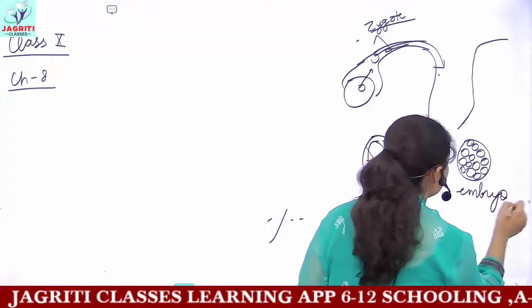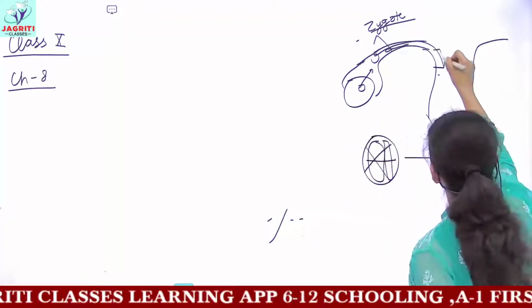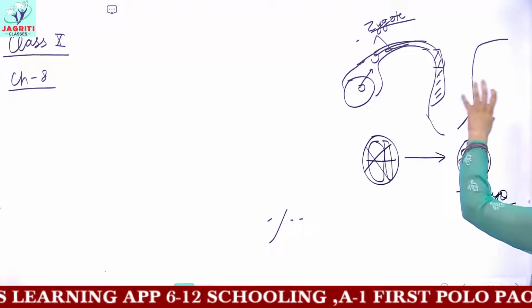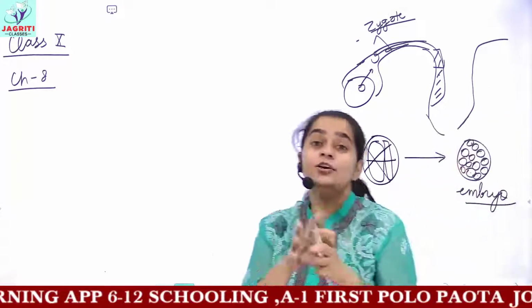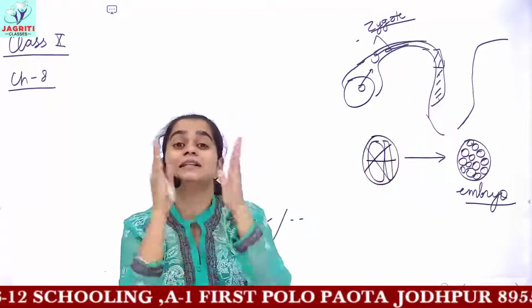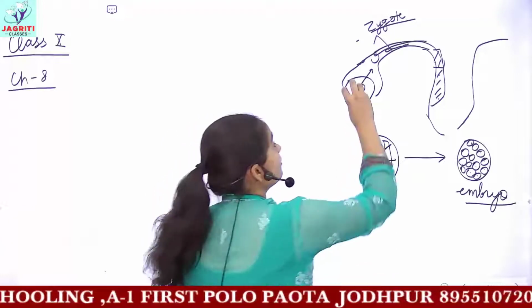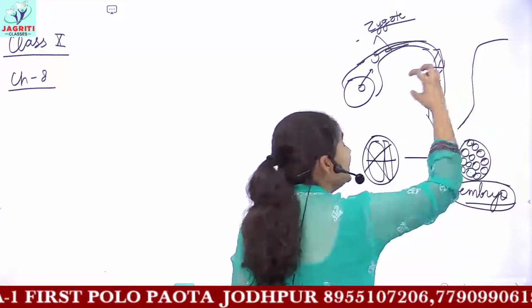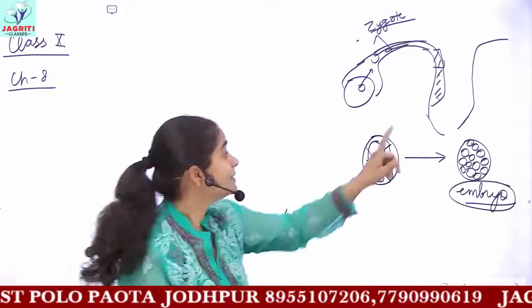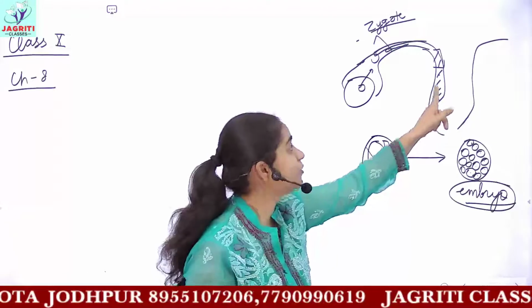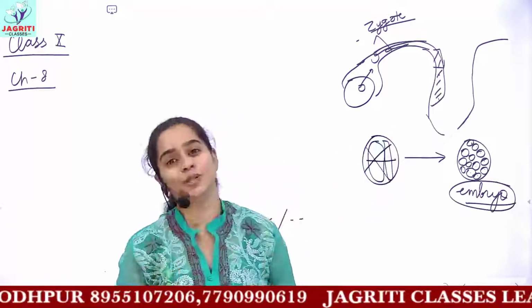This embryo gets embedded in the thick muscular lining of the uterus. The uterus prepares its lining every month so that it becomes thick, so that after fertilization it can embed the embryo inside its walls. This thick lining contains blood vessels, and these blood vessels provide nourishment to the embryo.